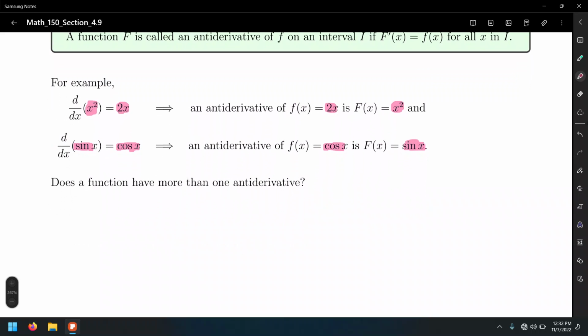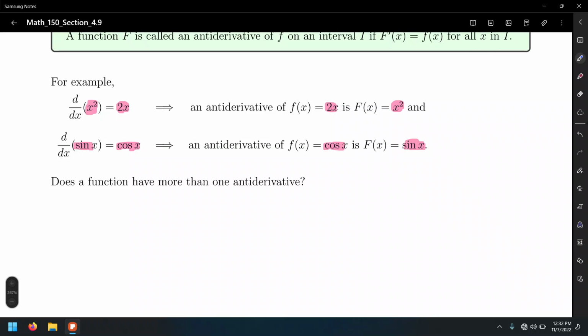And that's the question we ask ourselves here. Does a function have more than one antiderivative? The answer is yes, as opposed to a function having more than one derivative. No, derivatives are unique. For example, let's ask ourselves, what other functions have 2x as their derivatives?